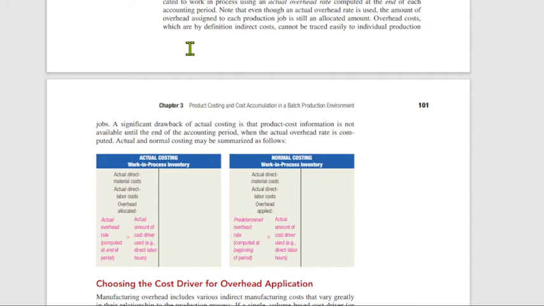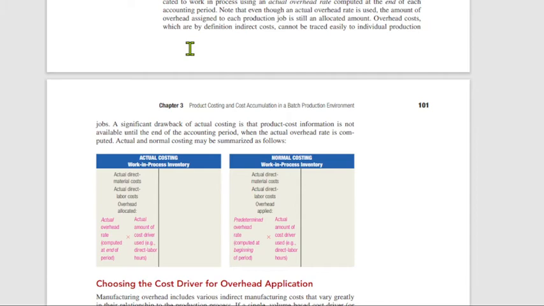Okay, so one of the contrast with this is that the use of actual costing does not promote timeliness, kasi we look at computing the overhead rate at the end of the period pa. Okay? While the predetermined overhead rate provides for timeliness, yung accuracy naman yan sometimes is jeopardized.